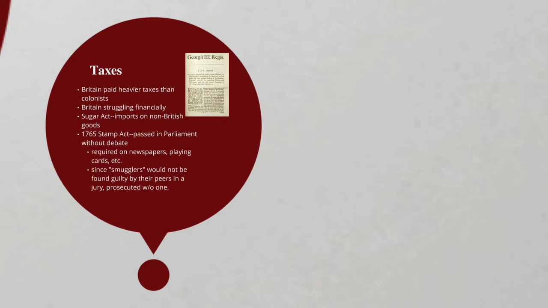So in 1765, Parliament caused an uproar throughout the colonies when it passed the Stamp Act to further raise revenue, going bankrupt essentially because of the French and Indian War. It required colonists to buy stamps for every piece of paper they used, and that included playing cards and newspapers. And one of the other issues, as people were furious about this: if the so-called smugglers who were not using the stamps were doing it illegally, they didn't have their documents stamped.